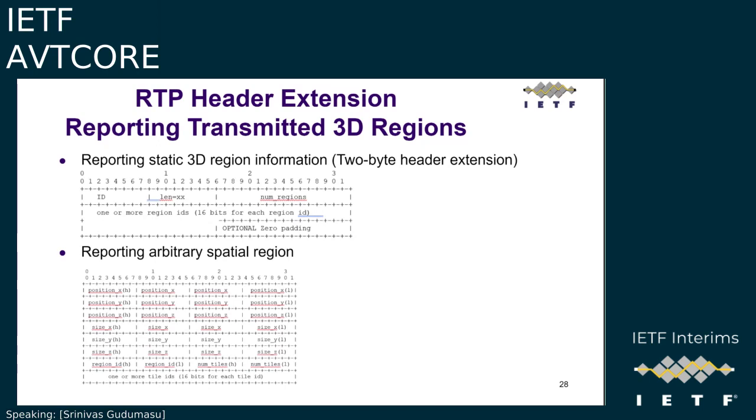It accumulates the tiles present in that spatial region and finally sends that tiled content, so it is constructing a spatial region for that particular request. The sender can send the position and the size of that constructed 3D spatial region. And can we go to the next slide?